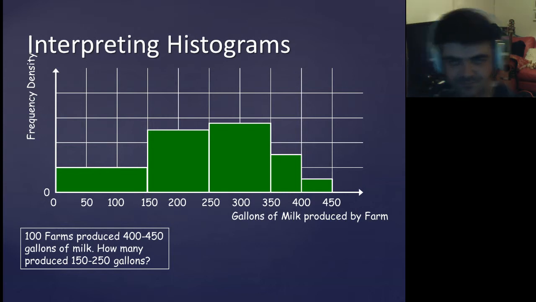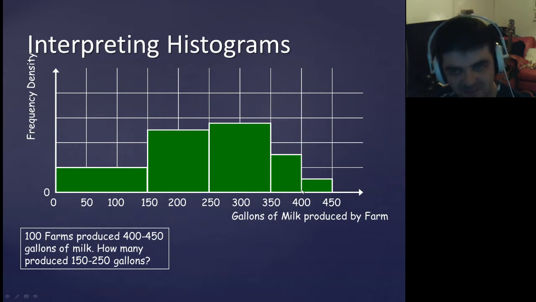Okay, so what are we going to have to do? Well, we're looking at this as 100 farms, and we know that the class width is 50 there. So one of the bits to get the frequency from the area is going to be 50. Now, we know the total frequency is 100.